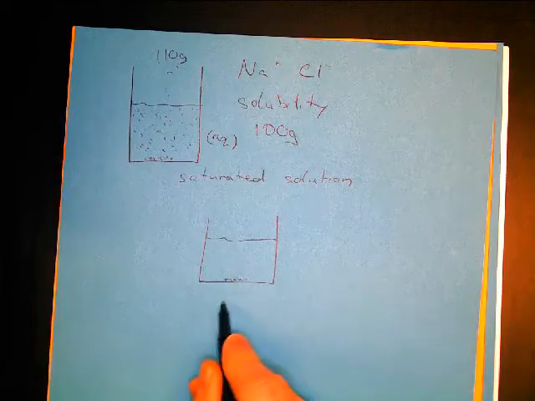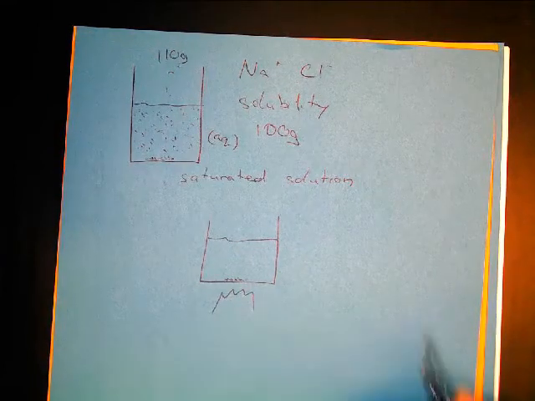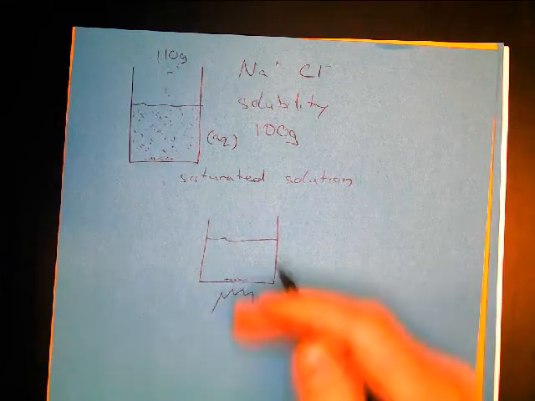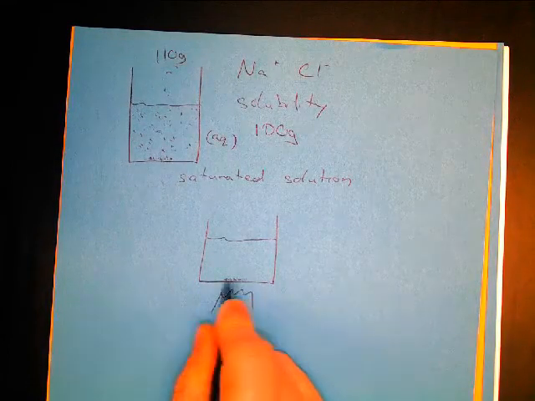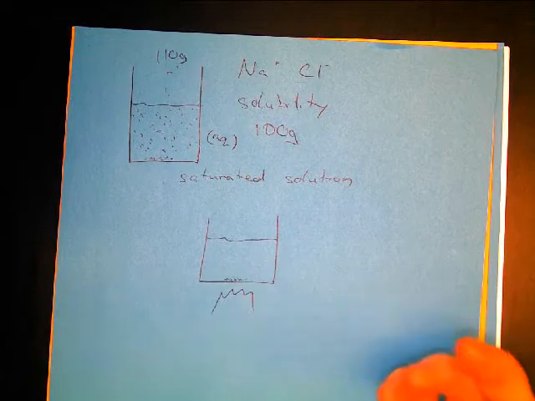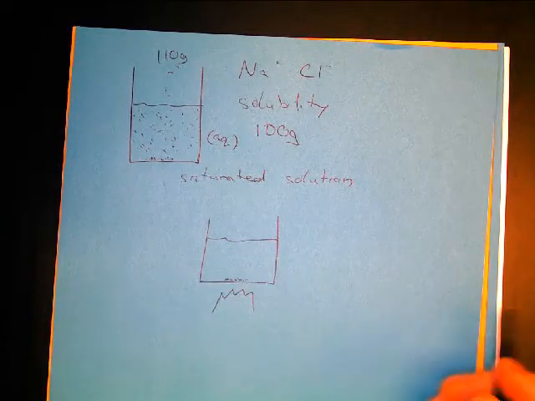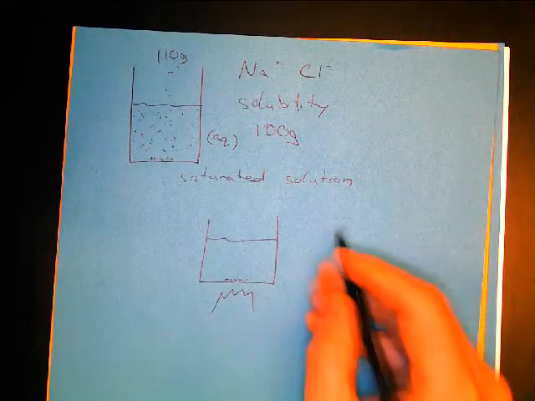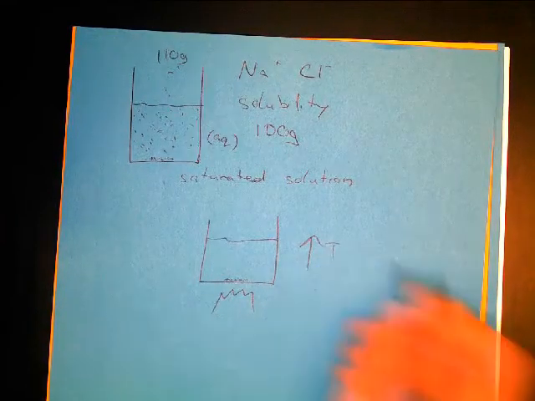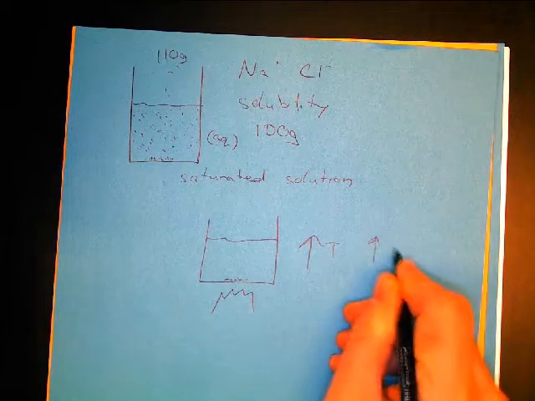And let's say that I put this over a flame and I heat it up. As the water temperature increases, what I would find is some of these particles on the bottom would go away, or they would look like they go away. They would be dissolving into the mixture. And for a lot of salts, for a lot of types of solution, an increase in temperature is an increase in solubility.